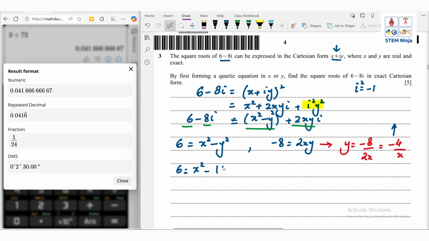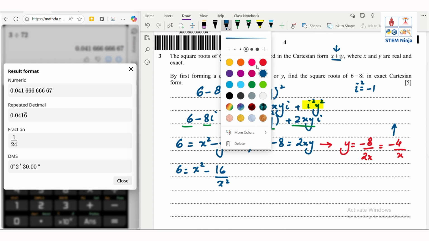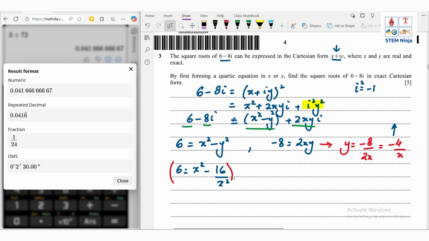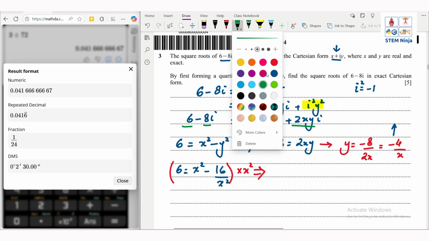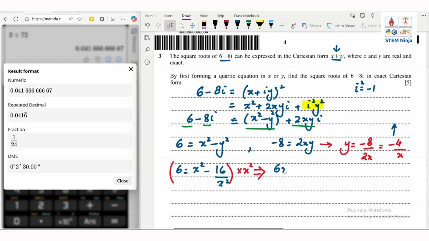So we will have 16 over x squared. Now, furthermore, what we can do over here, we can multiply both sides by x squared, leading us to 6x squared equals x raised to power 4 minus 16. And when you take everything on one side, x raised to power 4 minus 6x squared minus 16 equal to 0. So this is our quartic equation.